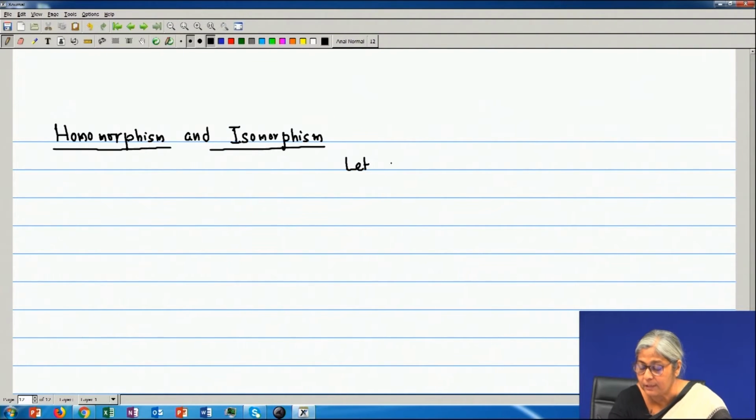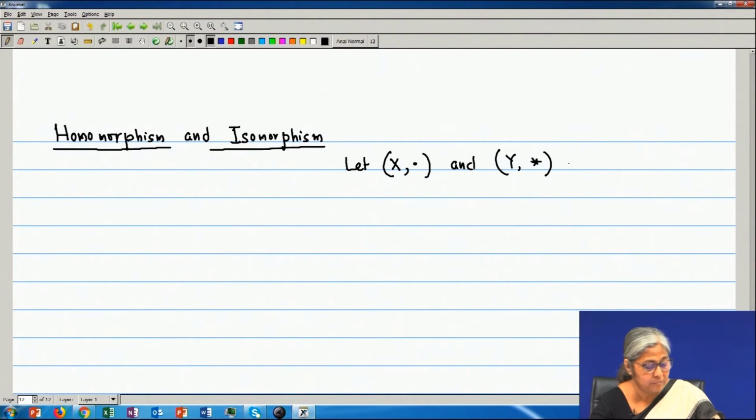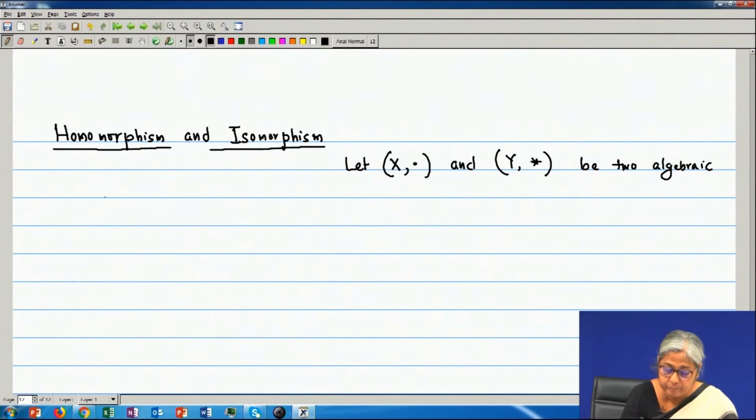Since it gives a relation between two algebraic systems, I consider two algebraic systems (X, dot) and (Y, star), where dot and star are the two operations.